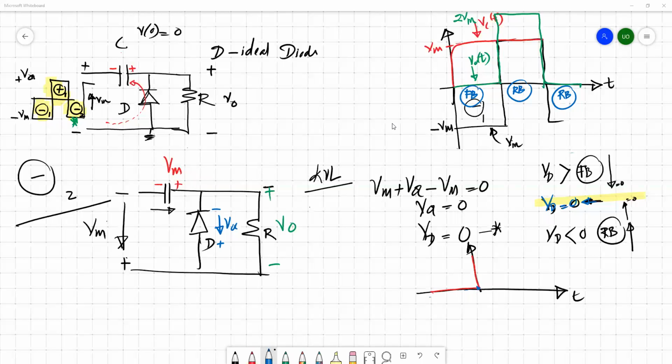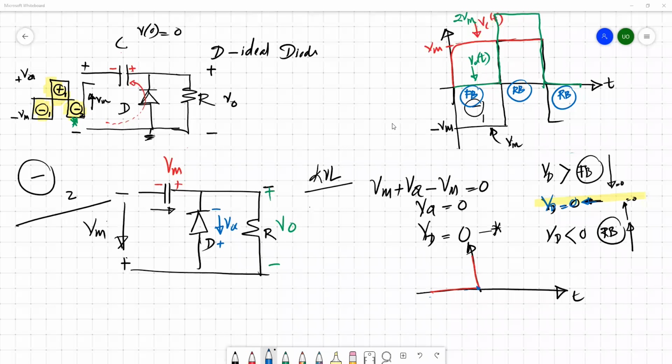So if the diode is still in the reverse region, then the output would be 0 because the net voltage across the resistor would be 0. The polarity of the induced voltage across the capacitor and the source voltage are simply opposite.